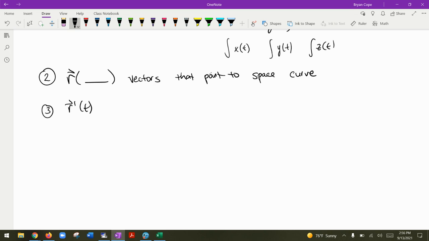You find a derivative. What is the definition of a smooth curve? A smooth space curve is, let me see if I remember it off the top of my head, it has to have a continuously turning tangent vector, which means that r prime cannot have any cusps or corners.